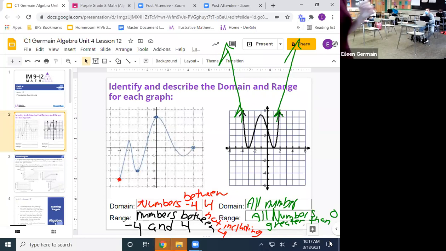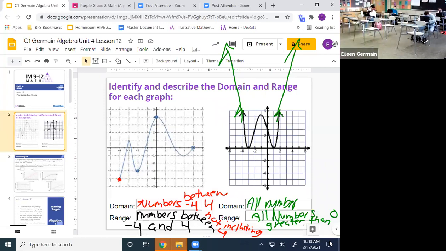Okay, so for my friends that are at home, I know that this is sort of a different take on how we've been talking about domain and range. We were over ambitious in the way that we presented it, writing them with inequalities. That was a little bit too high above the standard that you guys are supposed to be at.